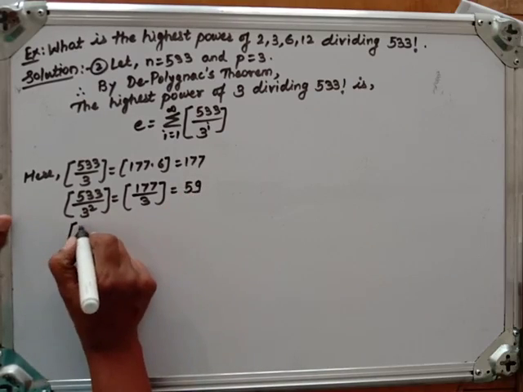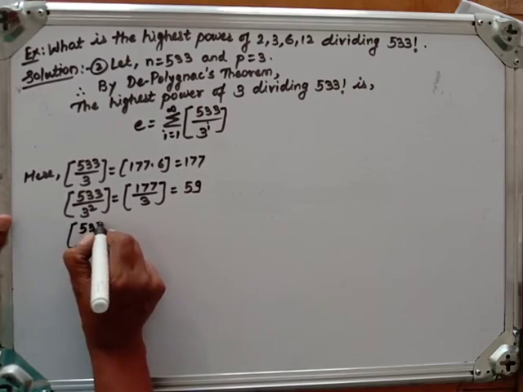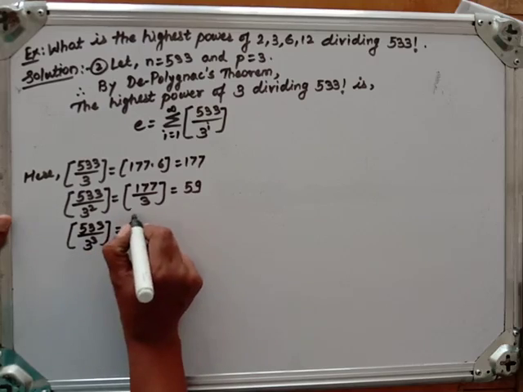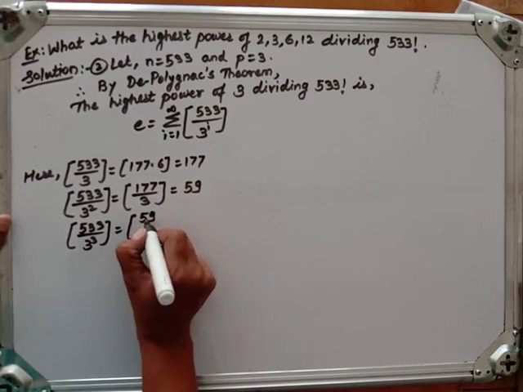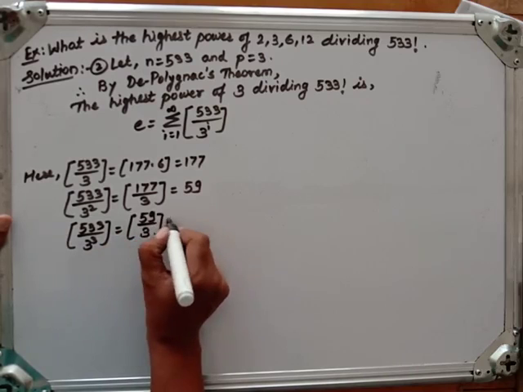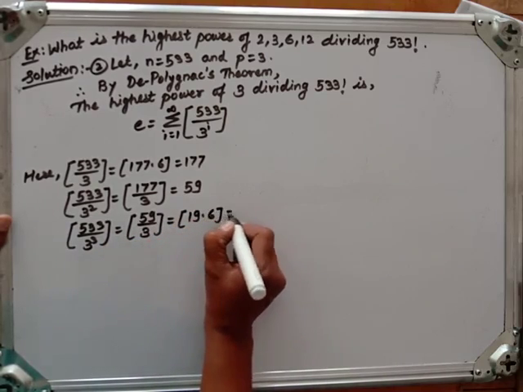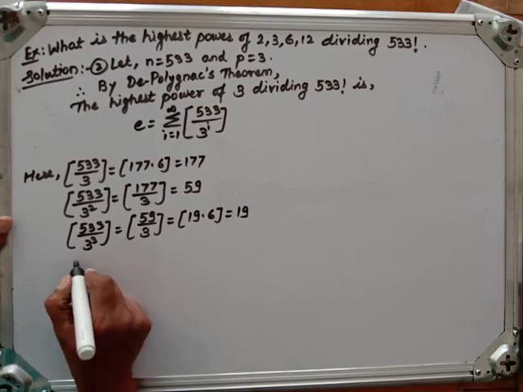Next, 533 upon 3 cube: that is 59 upon 3, it is 19.6, so it is 19.